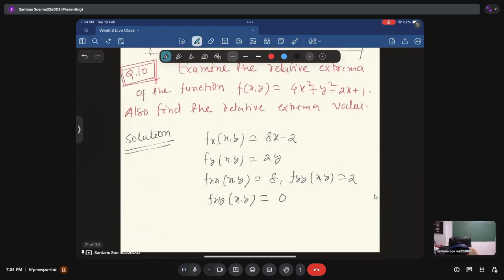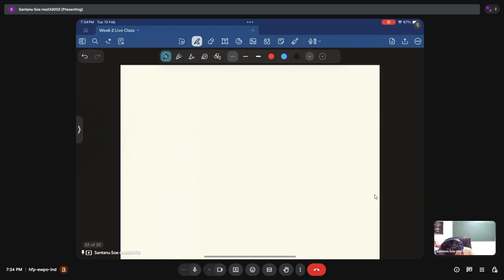Now to find the critical points, let us just put f_x to be 0, and this will give x to be 1 by 4, and f_y equals 0 will imply y equals 0. So 1 by 4 comma 0 is a critical point of f.